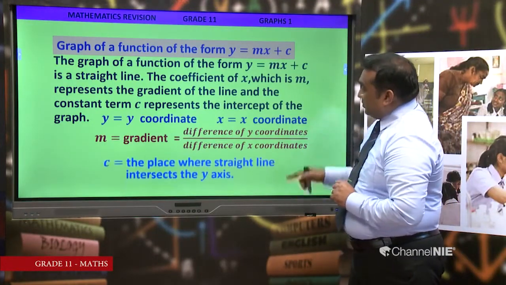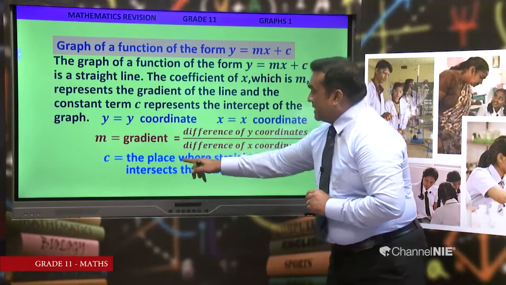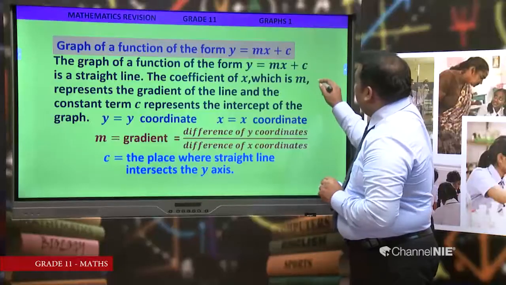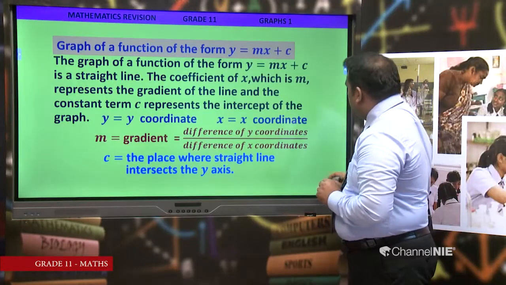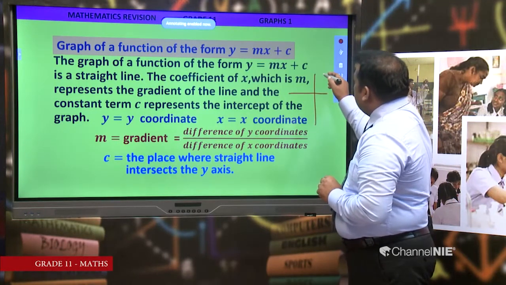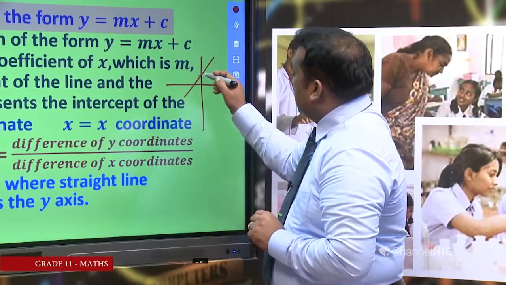Then the place where the straight line intersects the y-axis, where the straight line cuts the y-axis. If you consider this as your y-axis, this is the place.